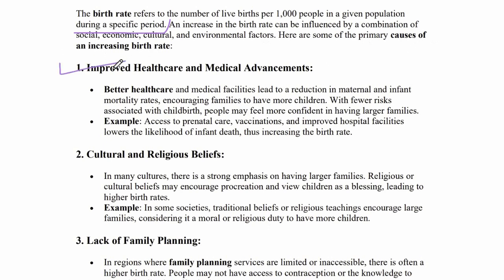First is improved healthcare and medical advancements. Better healthcare and medical facilities lead to a reduction in maternal and infant mortality rates, means death rates, mother's death and the baby's death is reduced due to better healthcare facilities, encouraging families to have more children.